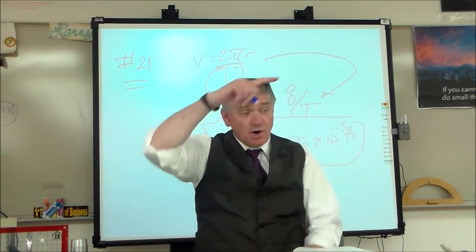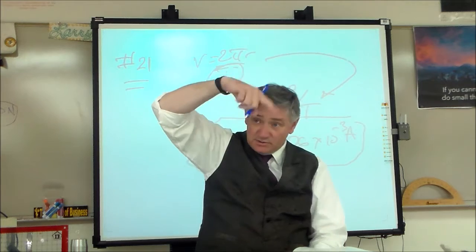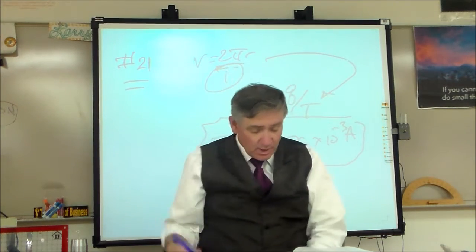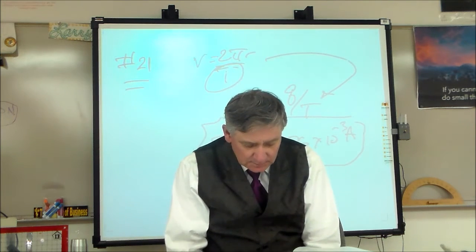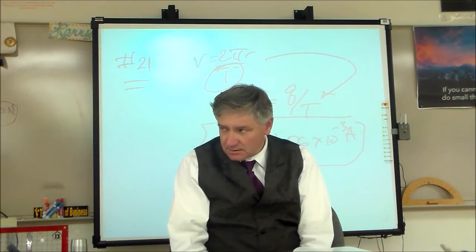We're going to use 2R because it's like a closed loop. We're not going to use 2 pi R because it isn't a wire. And if you do that, you get about 13 Tesla.